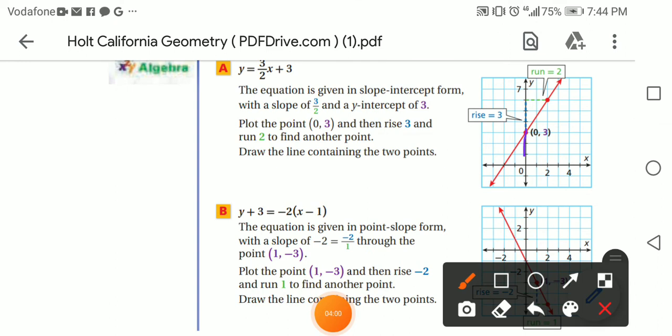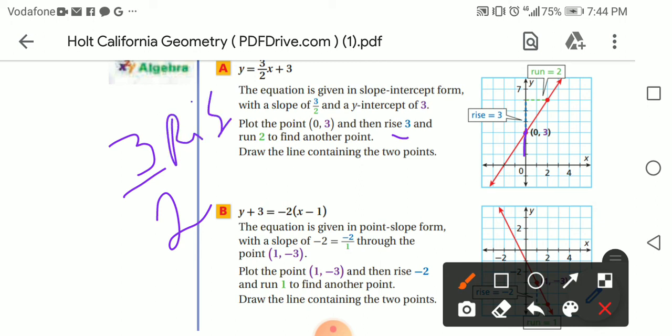After plotting the point 0, 3, what should I do? Then rise 3. Why did I say rise? As you see, the slope means rise over run. So rise 3 from this point that I drew.